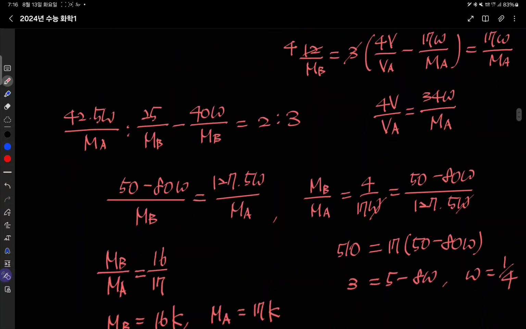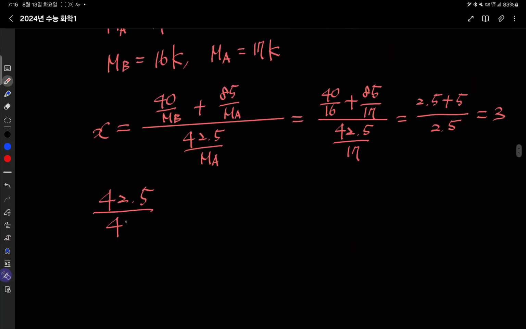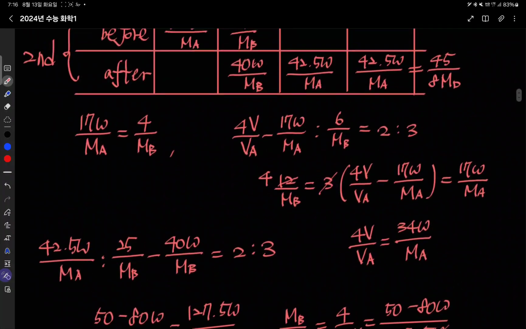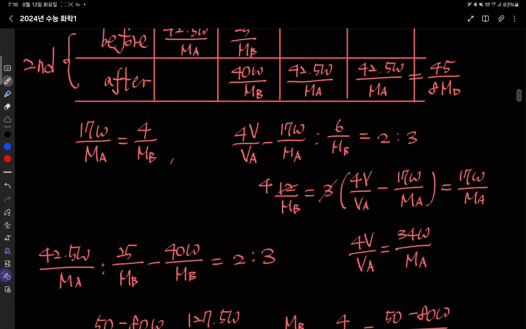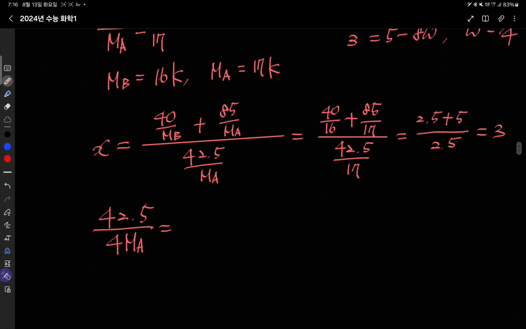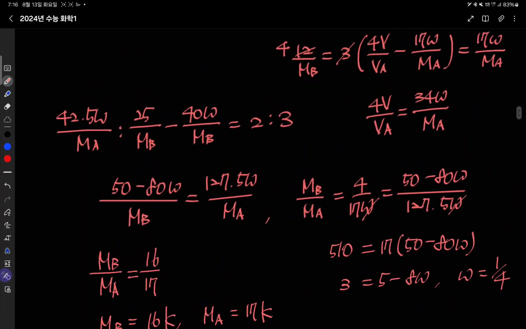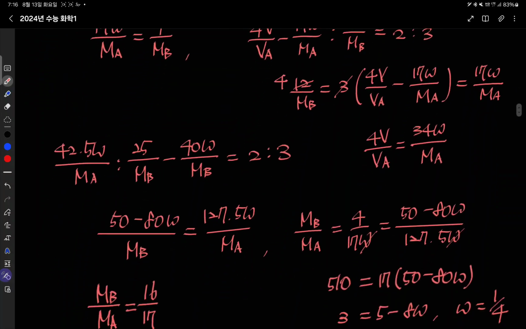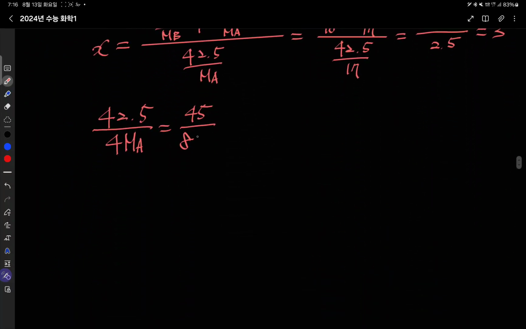So 42.5 over 4 times MA is equal to 45 over 8 times the molecular weight of D. So cancel these two.